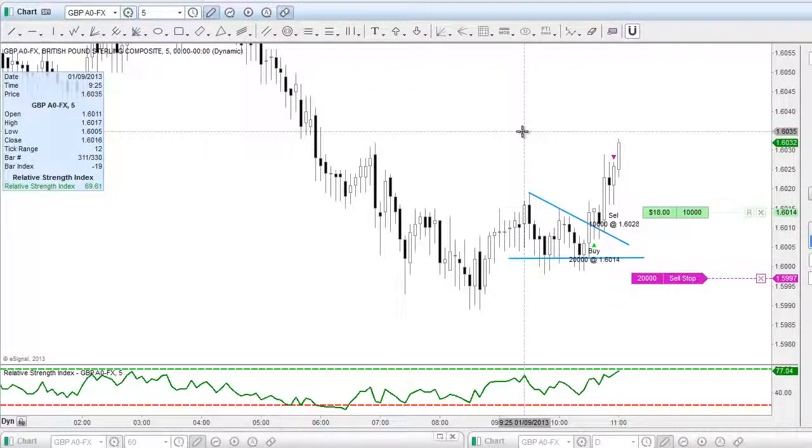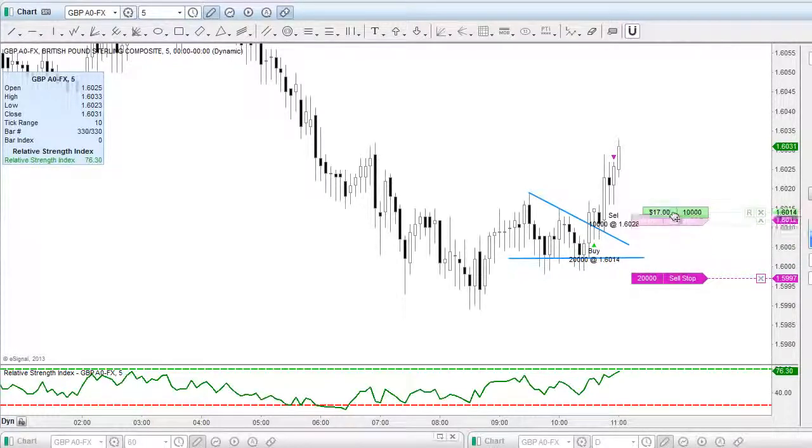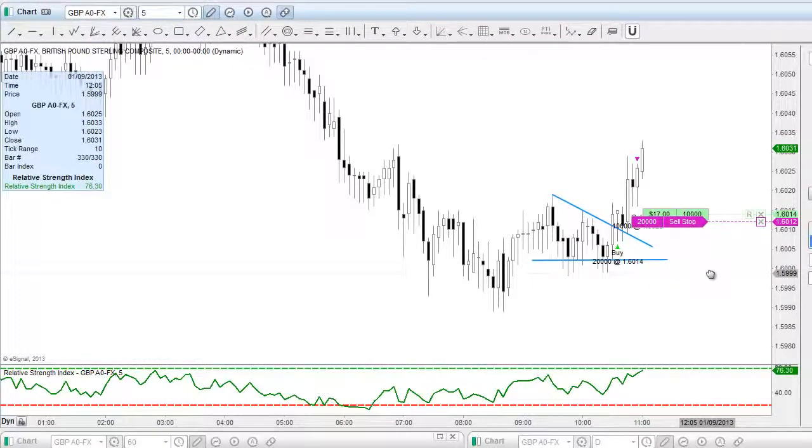Because if you can identify just little pops like this, it only takes 1 or 2 of these a day of finding them in a couple of hour time period to make 20, 30, 40 pips a day. And guys, over time, if you're averaging 12 to 20 pips a day, you're going to be doing phenomenally well.